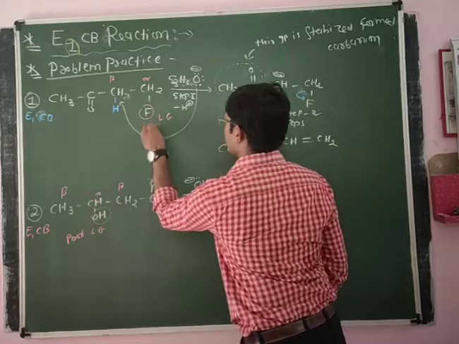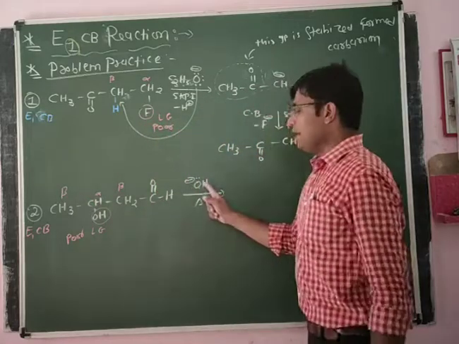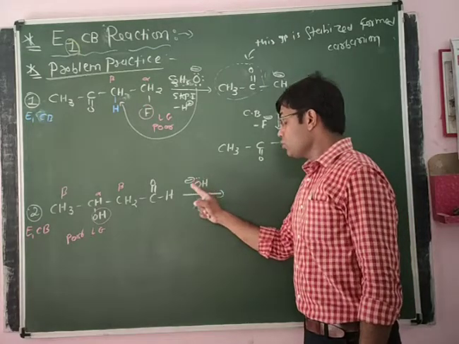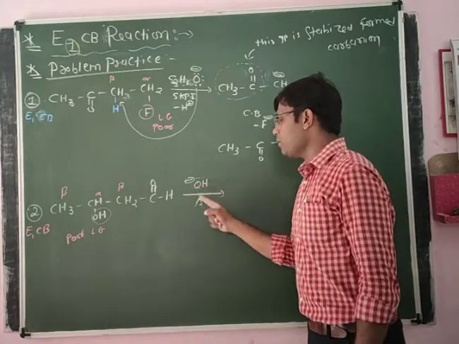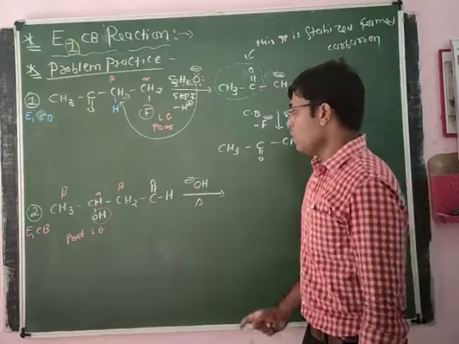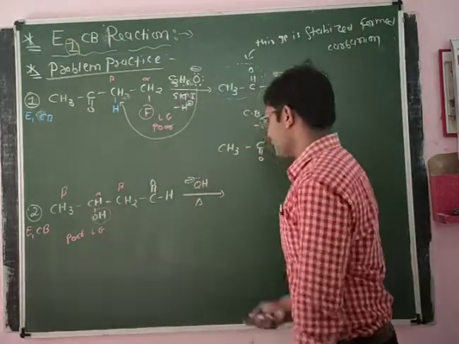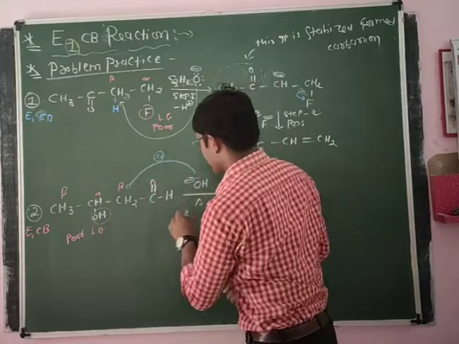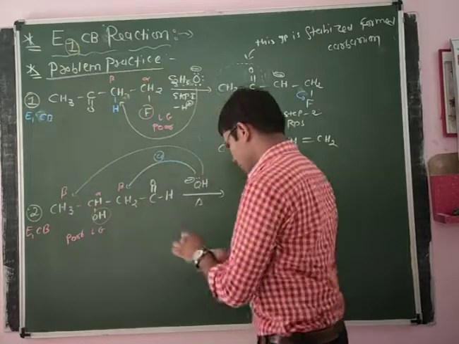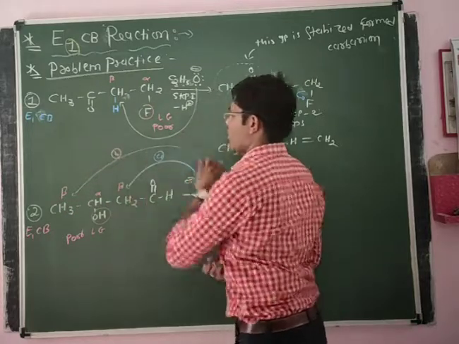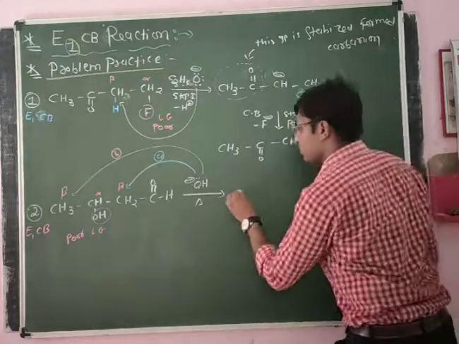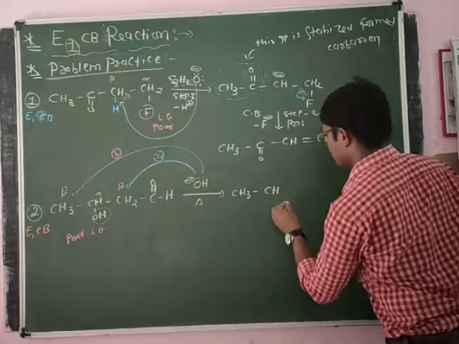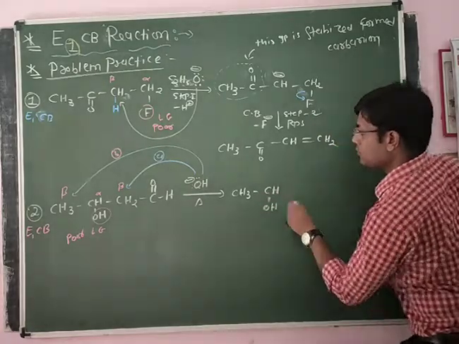Clear? And hydroxide is a strong, negatively charged base. Both are here, but there are two beta hydrogens, so there are two possibilities. Suppose this one is A, we can say this one is B. So here we consider both carbanions, CH3, CH, OH.